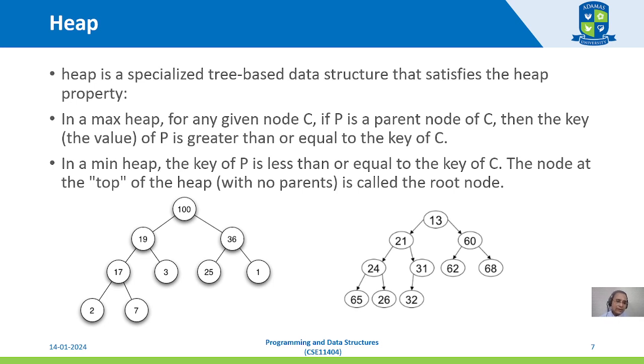So that is the min heap. Max heap and min heap are the two concepts of the heap. So we have to be very careful while selecting the max heap or min heap by considering the value of the root compared to the children.